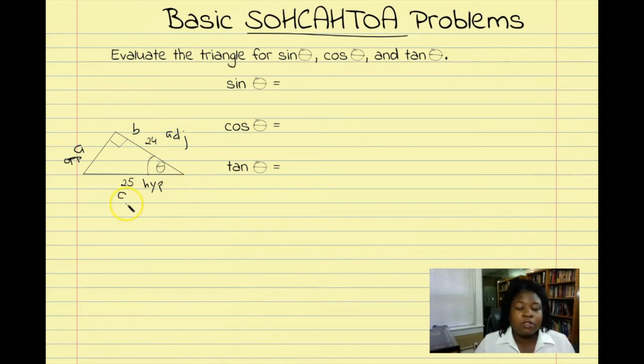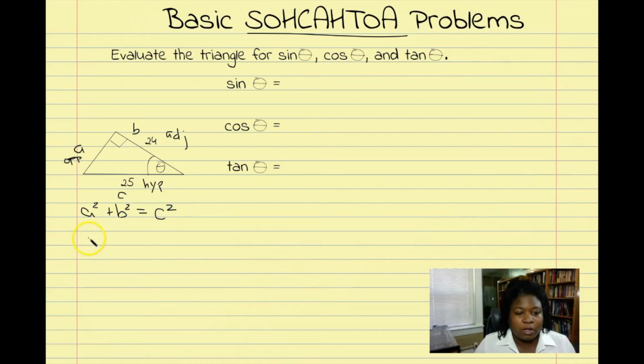Okay, so if we're going to use the Pythagorean theorem, then we know A squared plus B squared equals C squared.